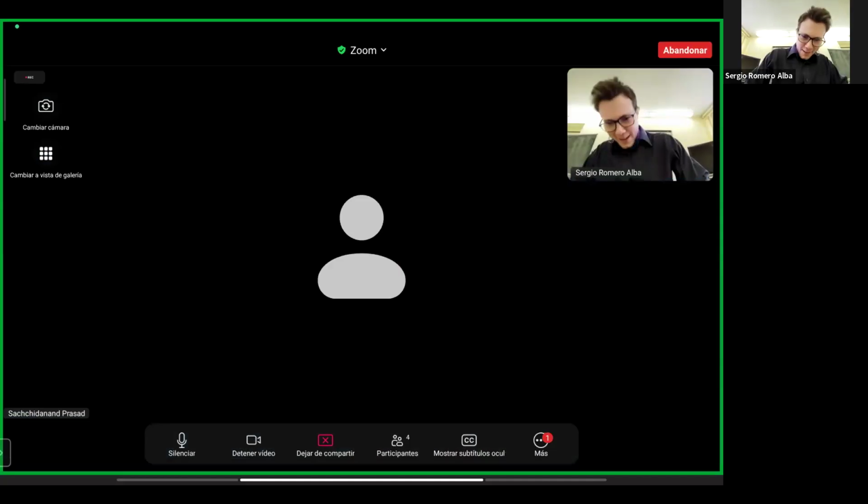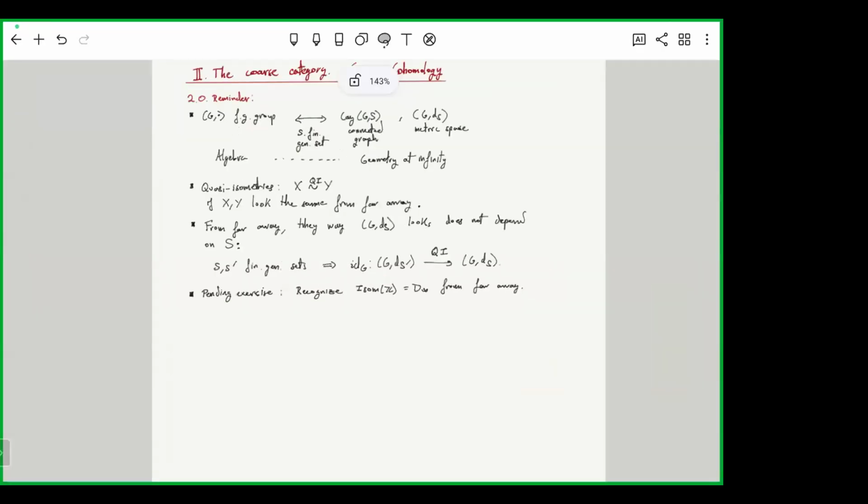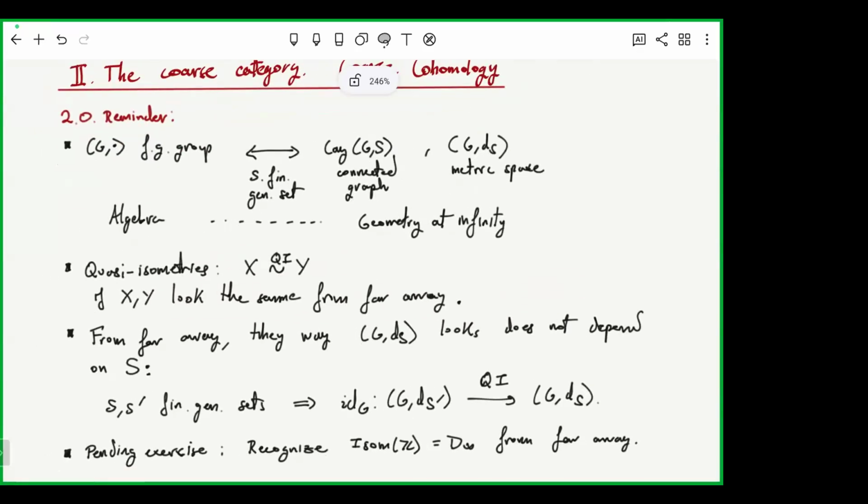Okay, so I will now share my Blackboard, and let me know if you cannot see something clearly here. I'd like to begin with a small reminder of the more important bits that we saw the other day. With every finitely generated group, we can choose a finite generating set.